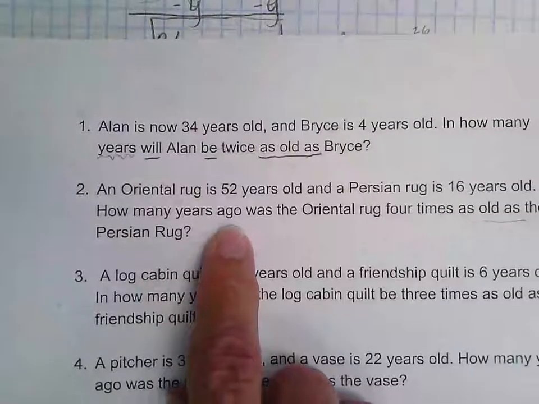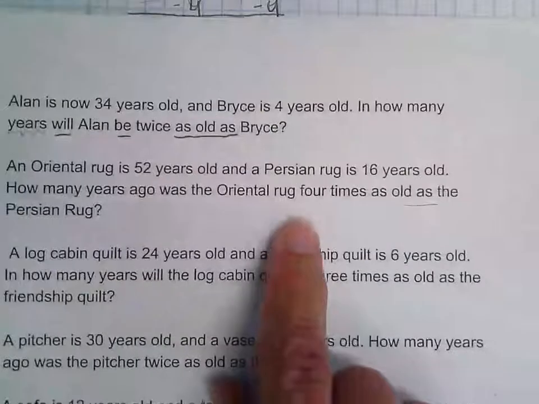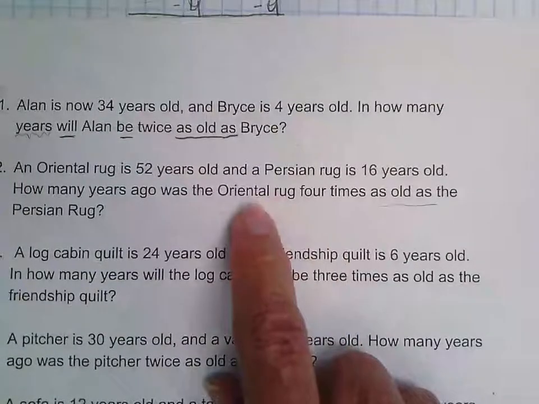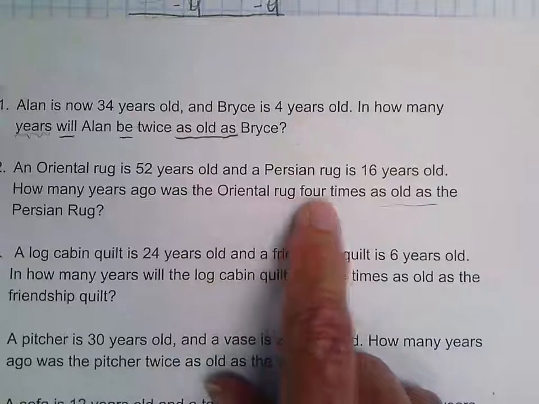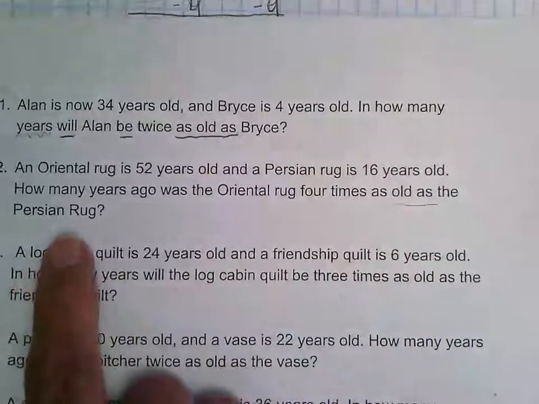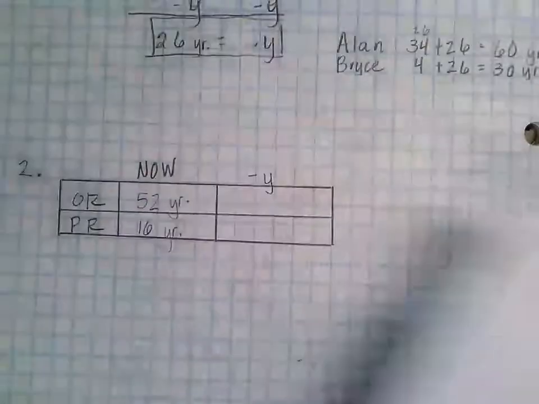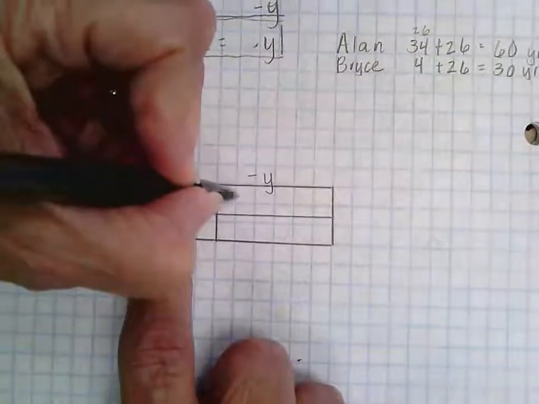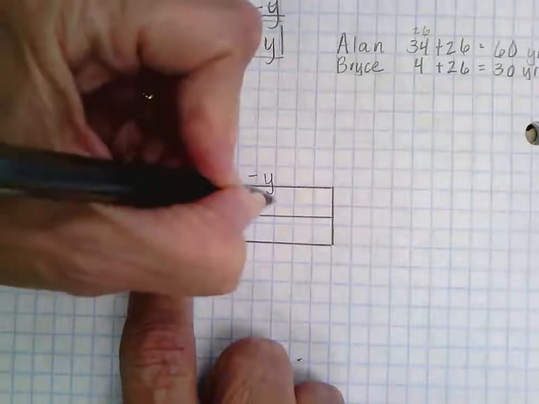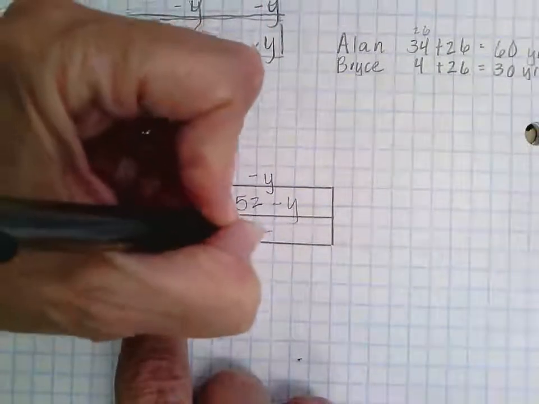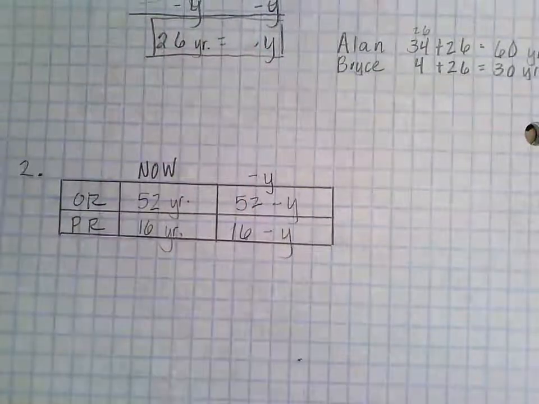So we're going back in time and we are dealing with the Oriental rug being 4 times as old as the Persian rug. So first, let's set that up: 52 minus y and 16 minus y.